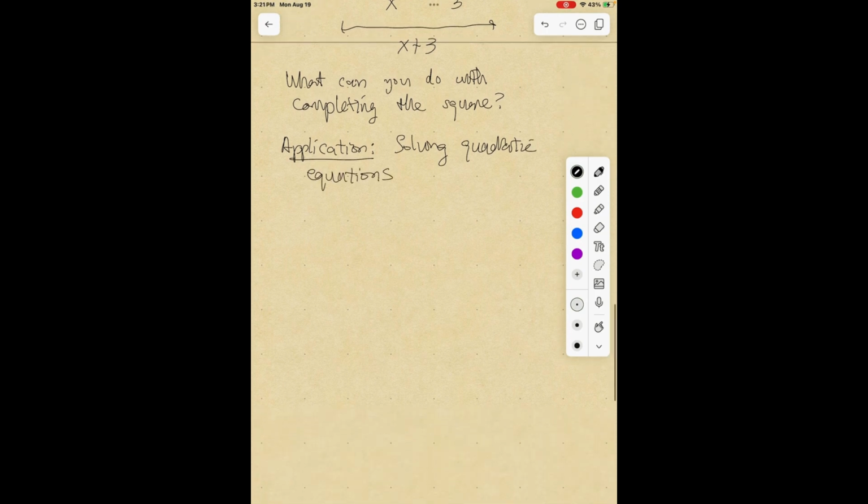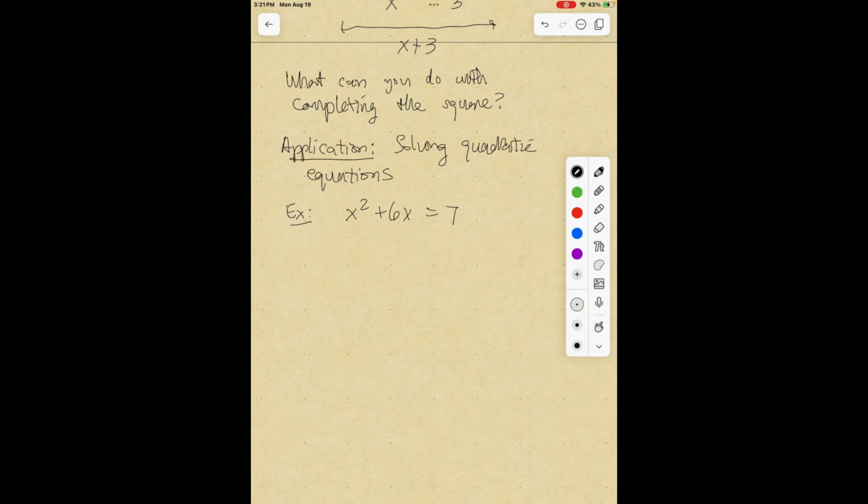For instance, let's say that you had x squared plus 6x equals 7. And you want to know what are all the x's that will make this true.